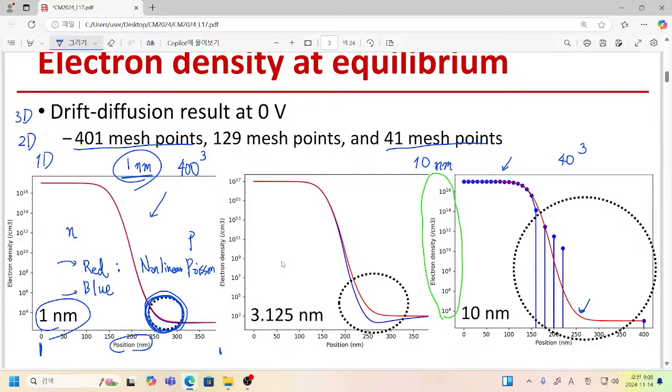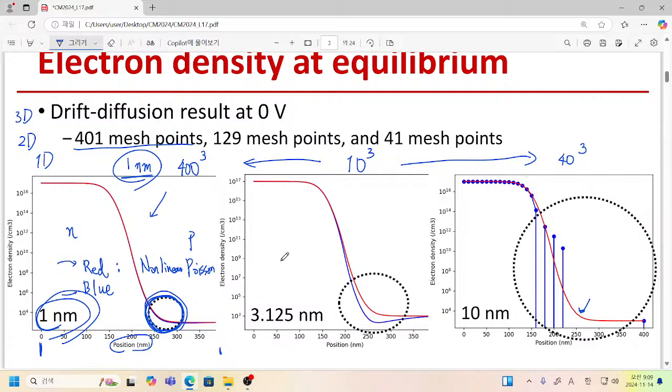Please make a comparison between these two numbers. What is the factor? You can easily understand. In the 3D case, we have a factor of 1000 between these two cases. So once you say that my simulation is limited to 1 nanometer spacing, then your final three-dimensional structure will spend a lot of mesh points in order to have a reasonable result.